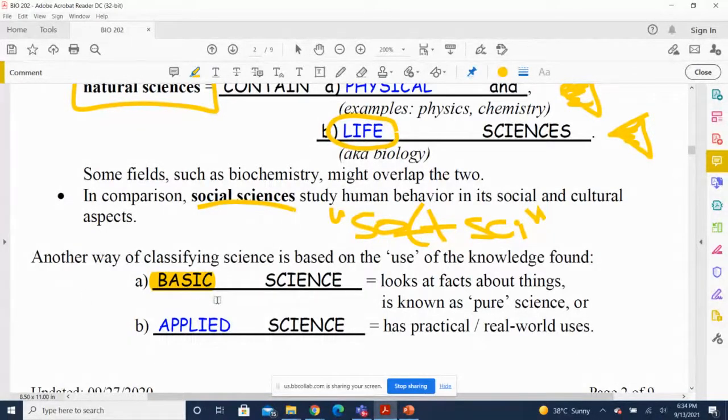But when we look at fields of science that have immediate practical real-world uses, we're talking about applied sciences. So that's the other way of looking at sciences that you might recall from our first session.